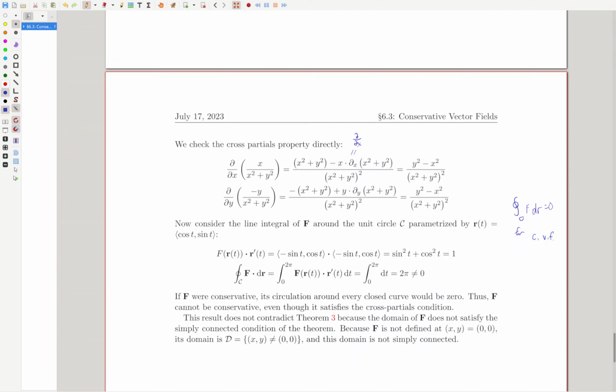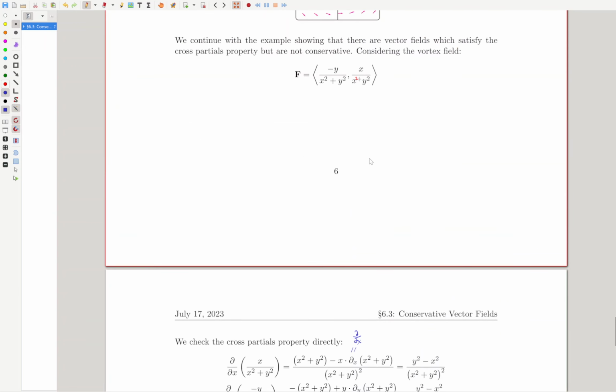We check that this doesn't hold true for this vector field by choosing a contour that circles around the singularity, the point that doesn't lie in the domain of this vector field.